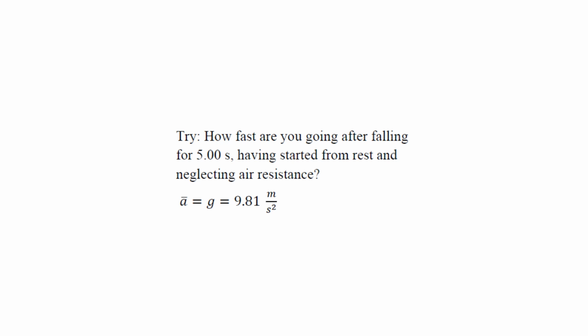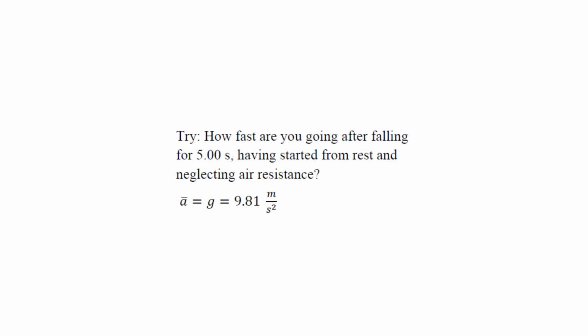Okay, so we got the 10.2 seconds on the previous slide as the time it took to go from 0 to 100 meters per second falling. Now, at some point as you fall, you hit what's called terminal velocity, which is due to the fact that the air resists your falling through it.